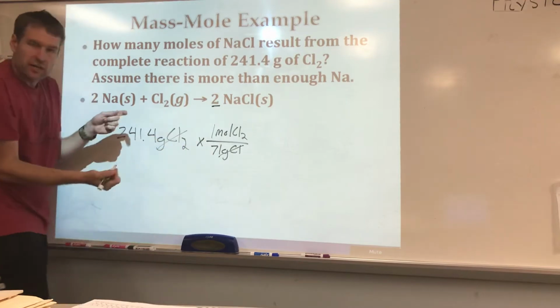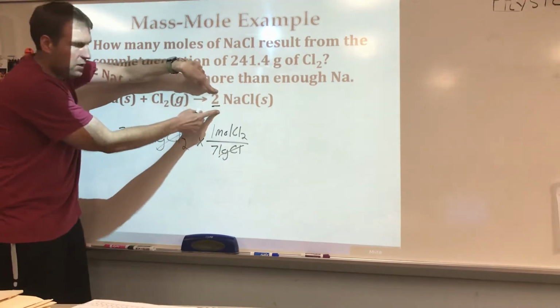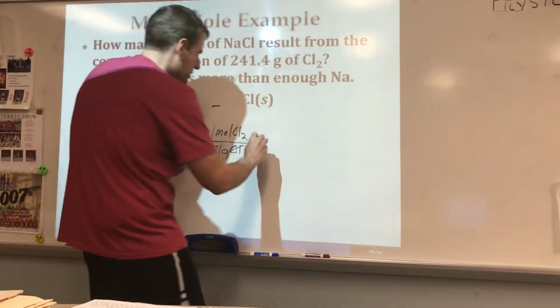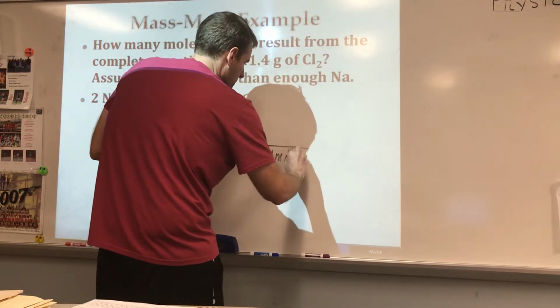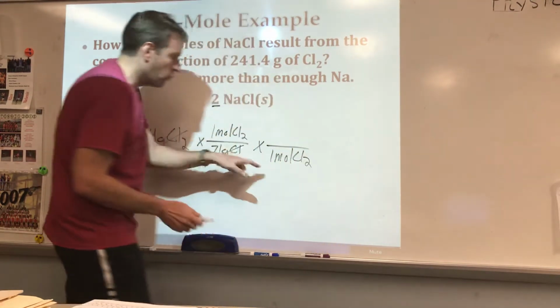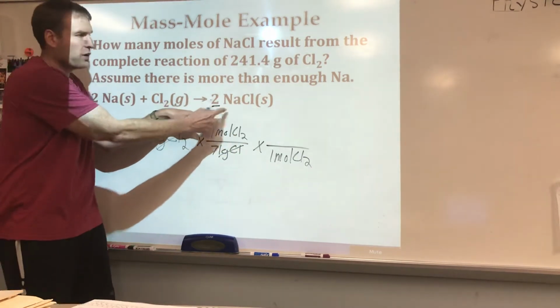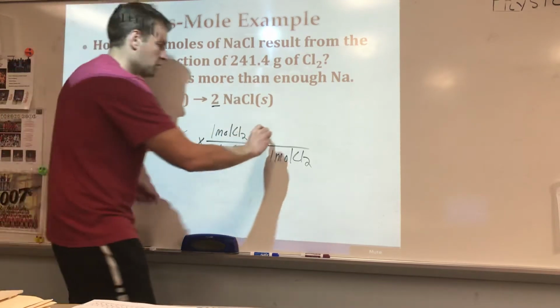So for every 1 mole of chlorine, you get 2 moles of salt. It's a 1 to 2 ratio, and that's my last step. I put 1 mole of Cl2 on the bottom because it'll cancel this, and then my answer, what I want out in the end, 2 moles of NaCl.